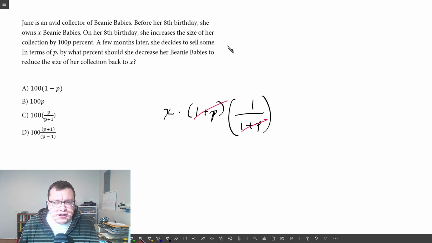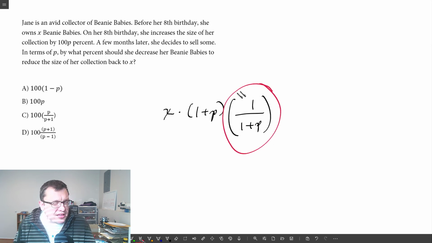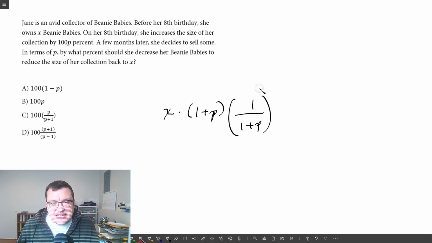So if I multiply my new number by this term, 1 over 1 plus p, I get back to the start. So let's figure out what this is. As you can see, it's not in the form of 1 plus or minus some value, so it's not a percent decrease or percent increase. But basically, we're multiplying by some percentage to get it back down to the starting point.